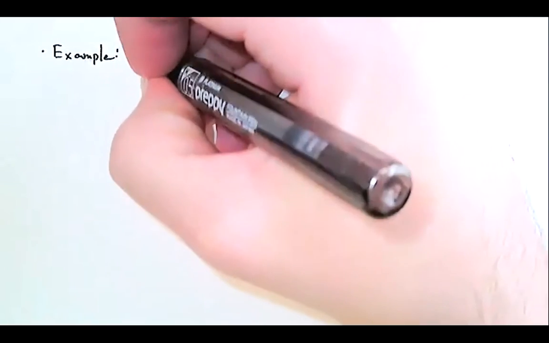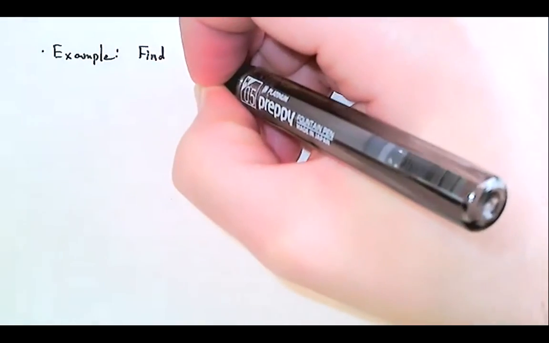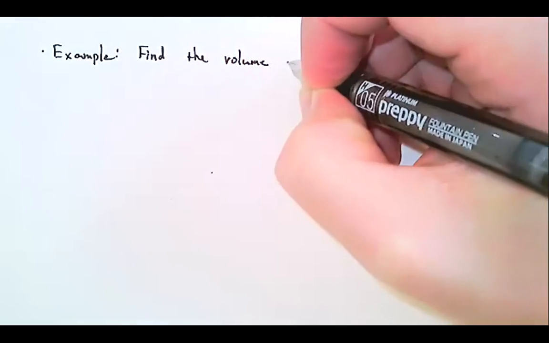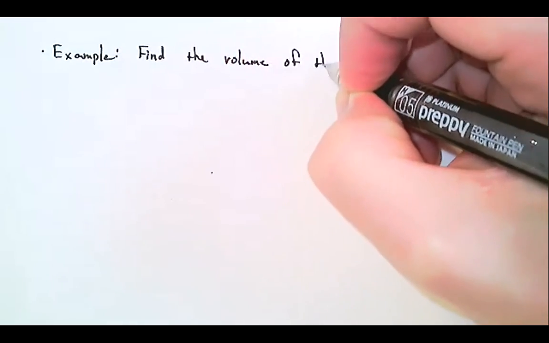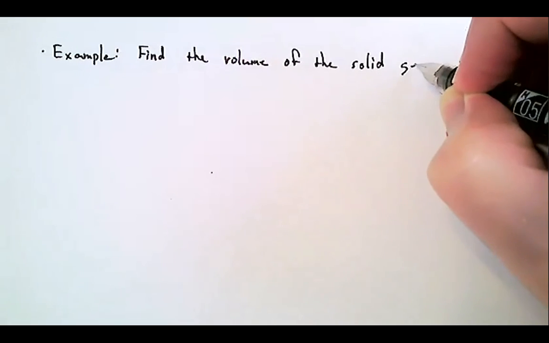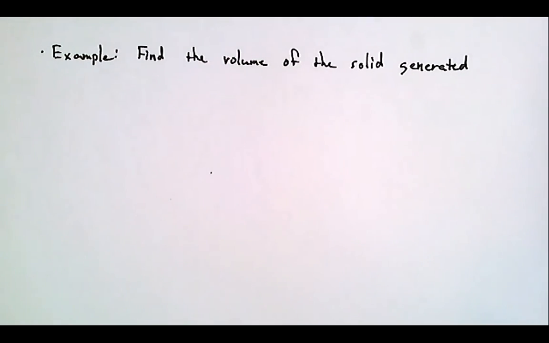Okay, let's see if we can do another one in the short time left. I want to find the volume, as always, of the solid generated by rotating the region bounded by y equals x squared again.